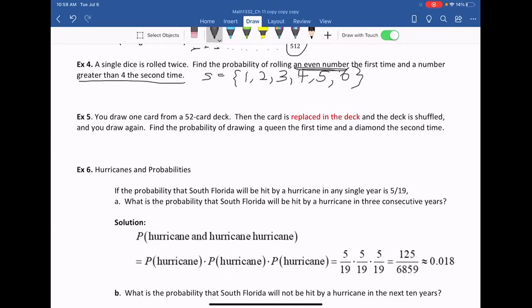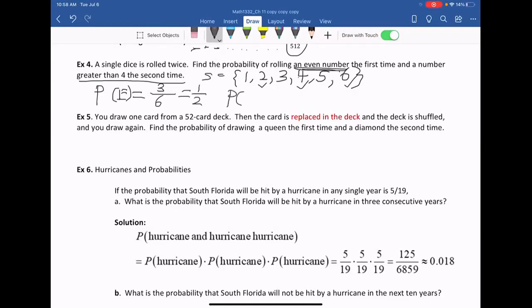And rolling an even number, what's the probability of an even number? I just use an E to represent the even number. The probability of getting an E is the number of even numbers, 2, 4, 6, which is 3, over the size of the sample space, that is 6, which is 1/2.